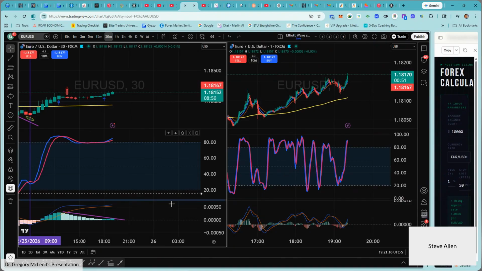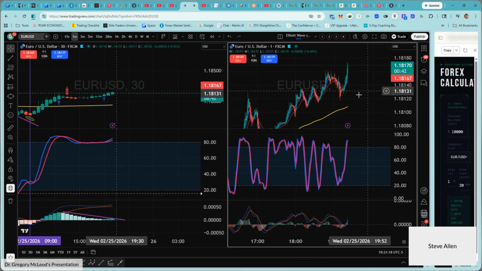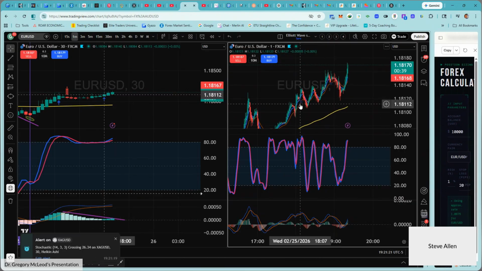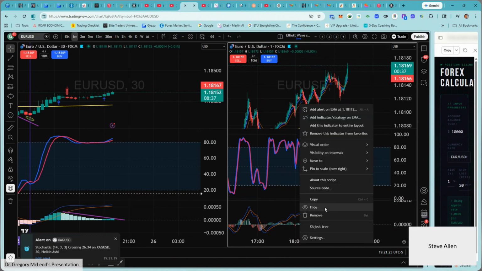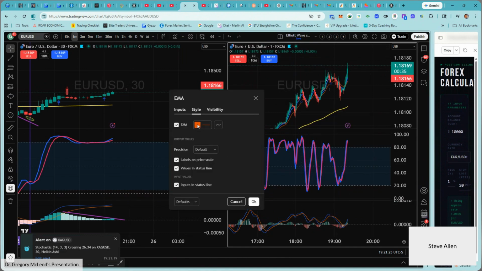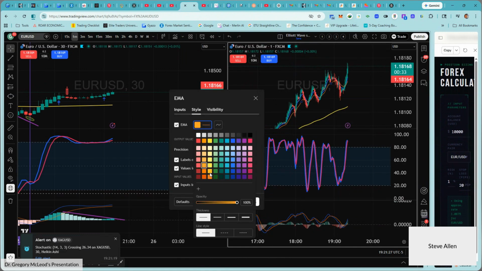Another issue is when you don't see enough separation between the 5 and 9, or the 9 and 13, whichever you're using. That has to be there, for me anyway, to know that the momentum's going to be there.